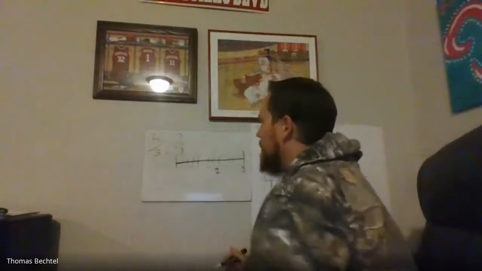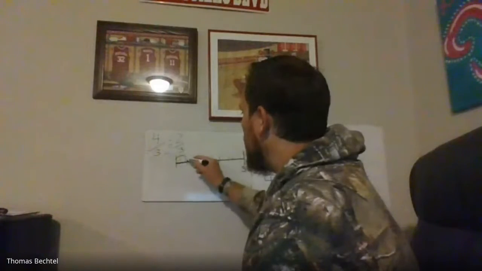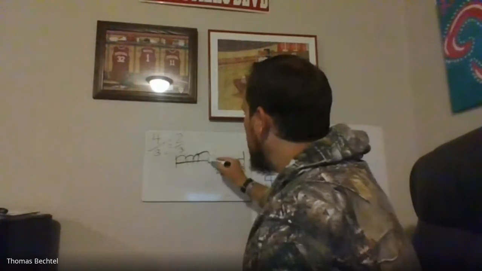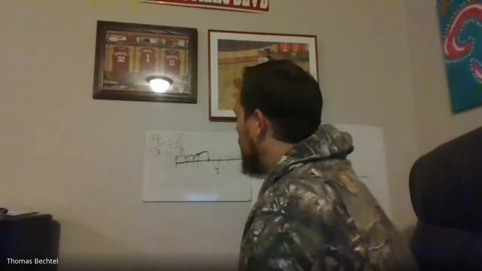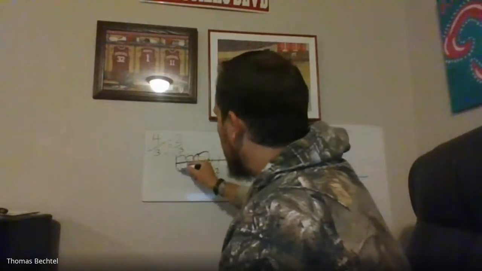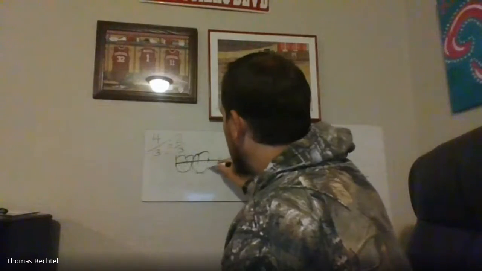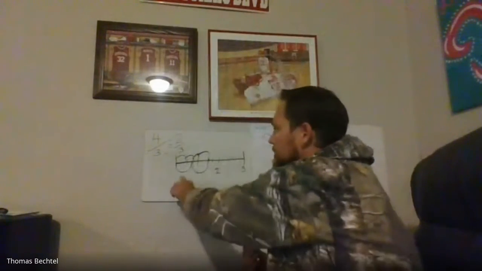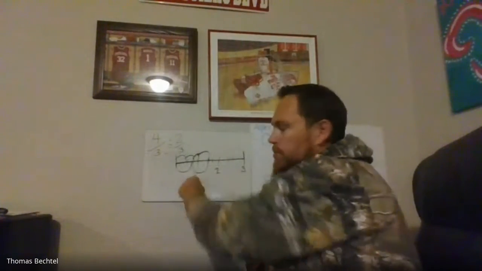So let's say we have 4/3. Here's 1, 2, 3, 4/3. You're going to take those 4/3 and divide it by 2/3. So there's 1, 2/3. So really what that ends up is 2 whole jumps, right?